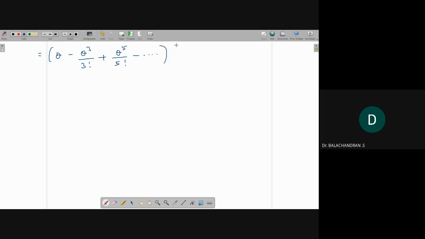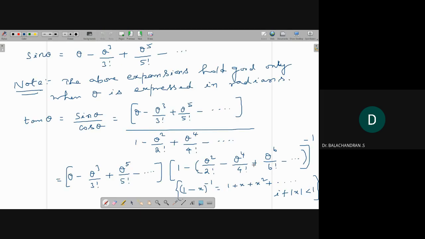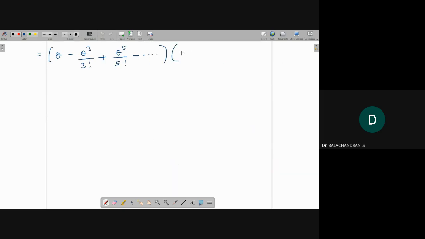Okay, if you apply 1 plus x, what is 1 plus x? Please tell. 1 plus x is theta square by 2 factorial minus theta power 4 by 4 factorial. So this is 1 plus x. You have plus and so on, but I don't write the remaining things.